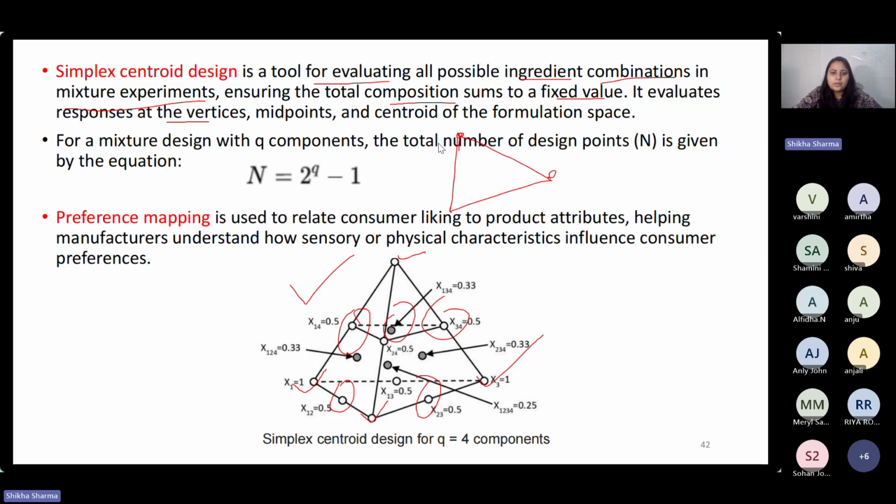So it will have all these points in the formulation space. When we calculate the number of design points in the simplex centroid design, it is n equals 2 to the power q minus 1, where q is the number of components.